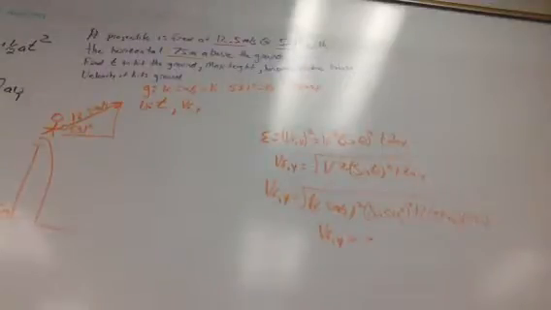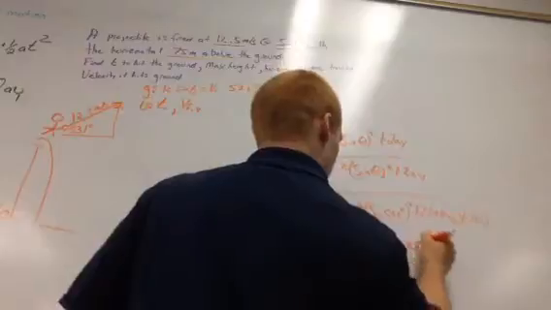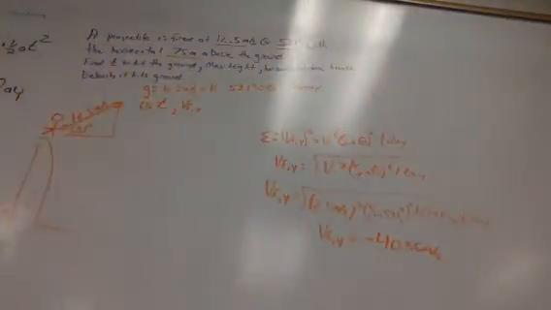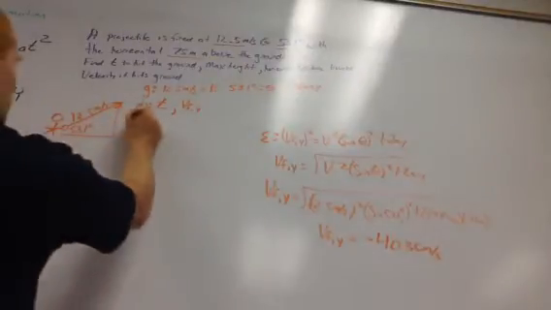VFY, we will get negative 40.35 meters per second for our y value. Okay, now we have that y value. Now we can just solve for time.